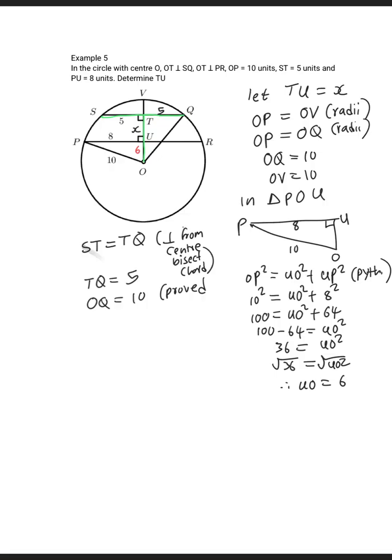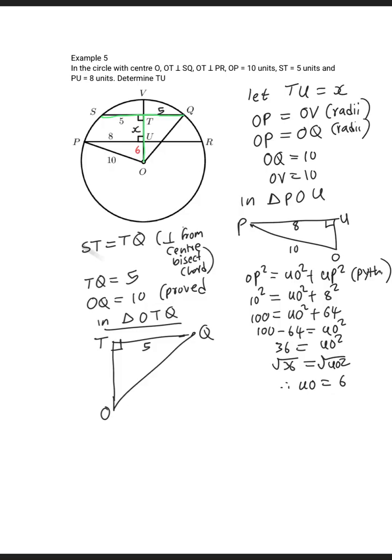So in triangle OTQ, I'm going to draw the triangle so you can see it. And it's a right angle triangle, right? And then we have T, we have O, we have Q. And then we can see here we have 5.